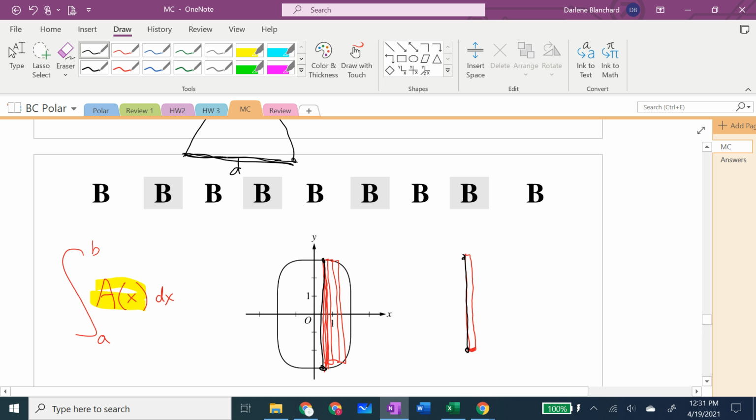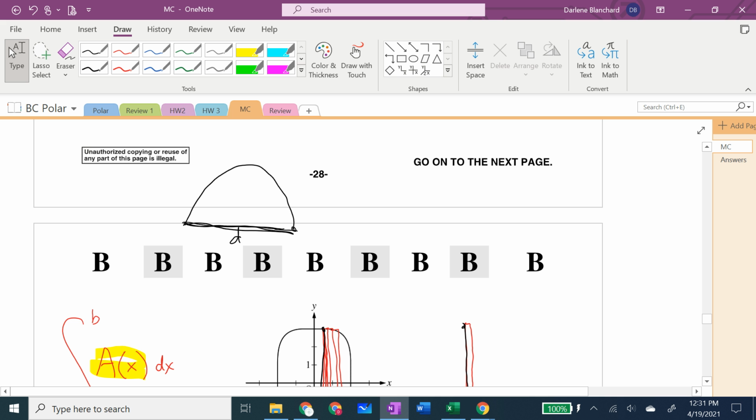So if you know the diameter of a semicircle, what is the area? Well, you know the area of a full circle is pi r squared. You know that a semicircle means half of that pi r squared. What is the relationship of diameter to radius? The radius is half the diameter.